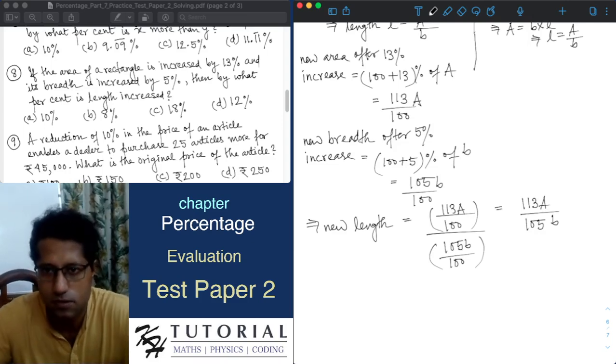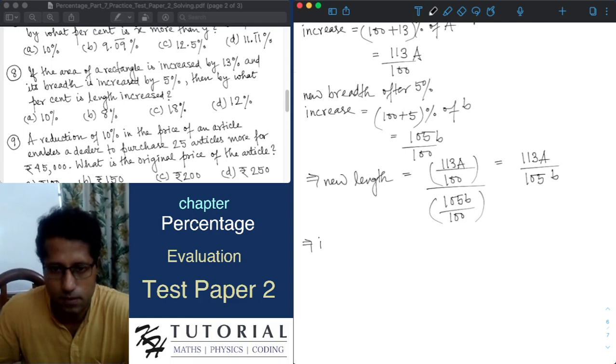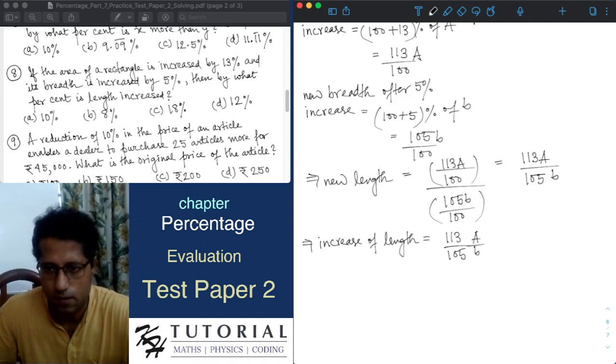The previous length was A by B. So the increase of length equals the new length, that is 113 by 105 A by B, minus the original length, that is A by B. So this equals 113A minus 105A by 105B.